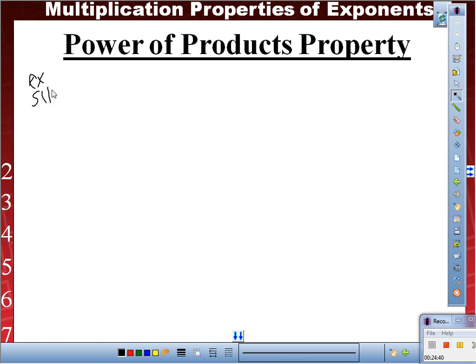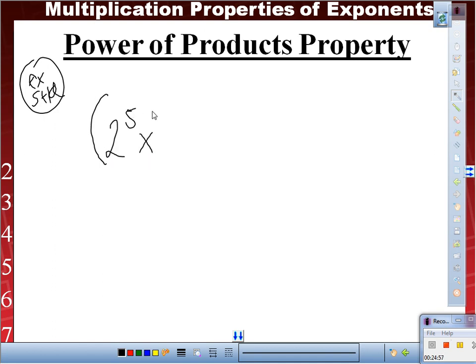Copy power products property. Example, Shazam Q. Power products property. And copy this one, parentheses, 2 to the 5th, x to the 7th, y to the 8th, and all that to the 3rd power. We're going to do this one together because your noodle is already there.